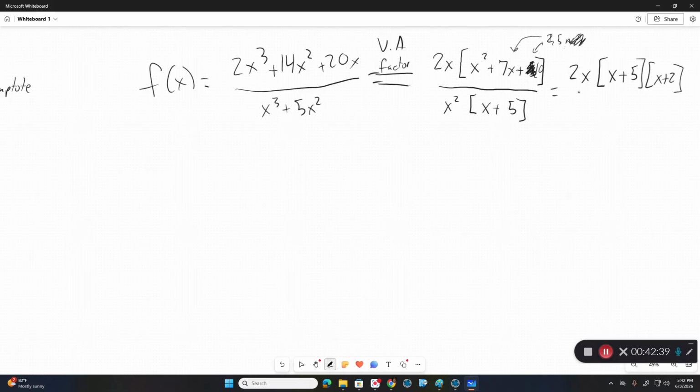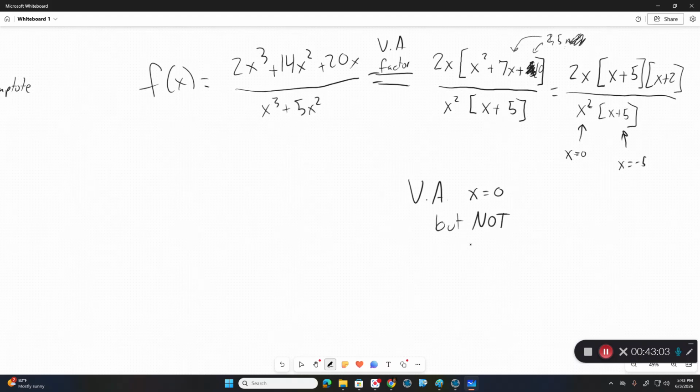And the reason that's important is if we take a look at our denominator, x squared times x plus 5, our candidates for vertical asymptotes are x equals 0 and x equals negative 5. And the vertical asymptote is going to appear at x equals 0, but not x equals negative 5. Why?